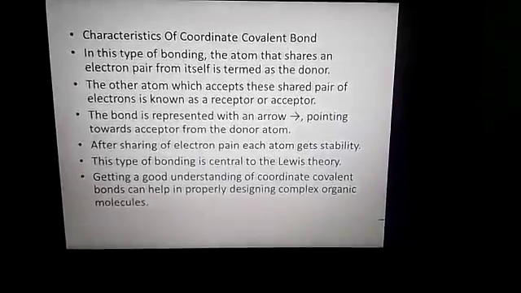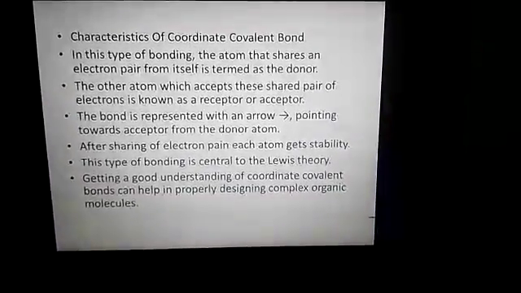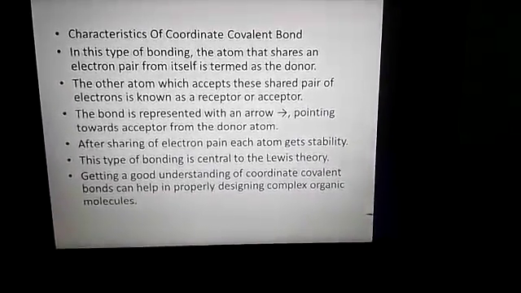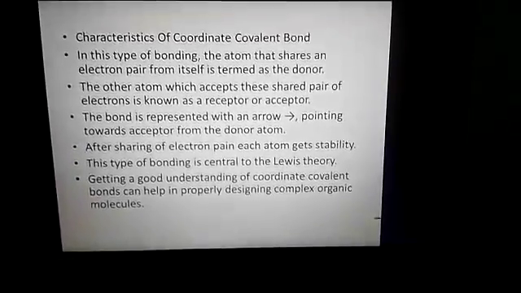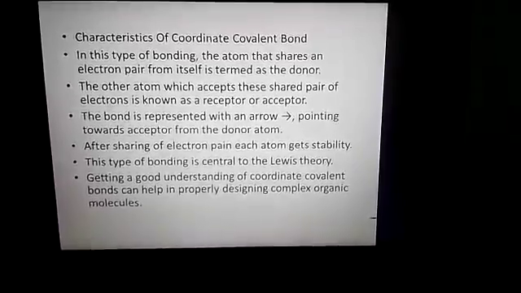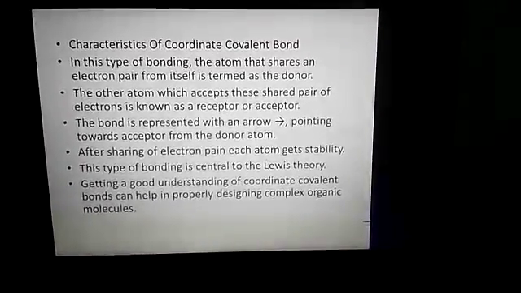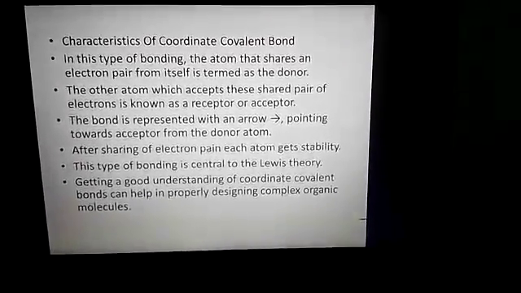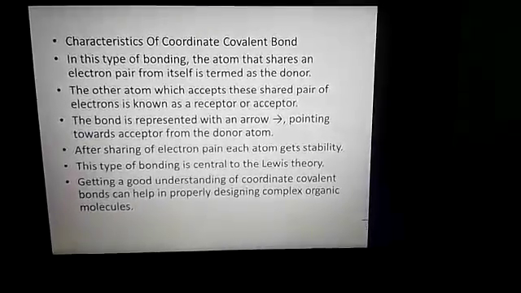So what are the characteristics of a coordinate covalent bond? In this type of bonding, the atom that shares an electron pair from itself is termed the donor. The other atom which accepts this shared pair of electrons is known as the receptor or acceptor.